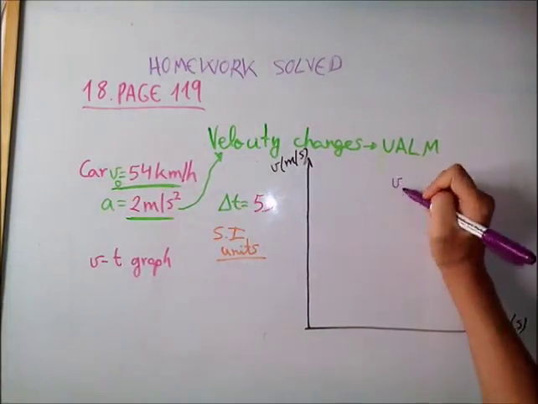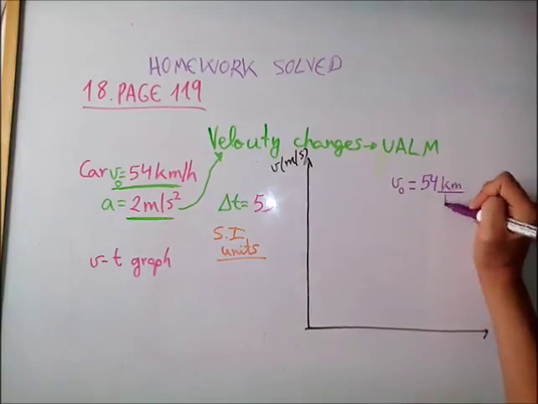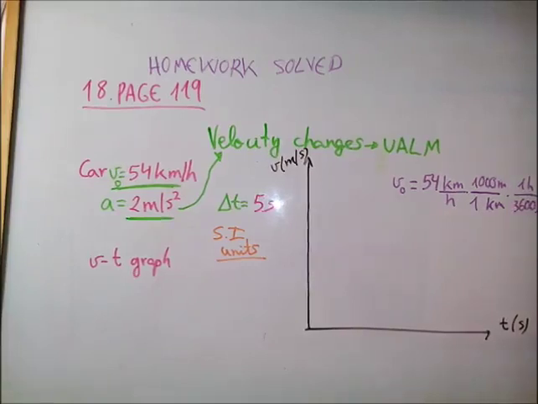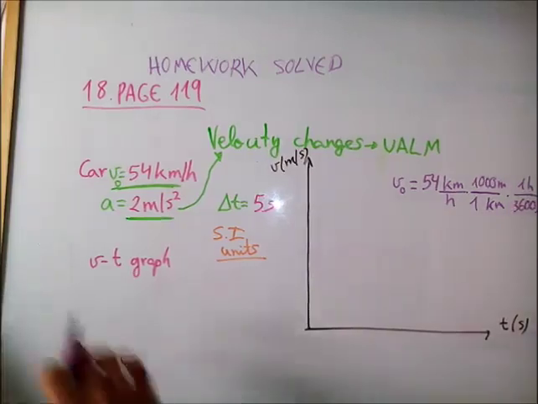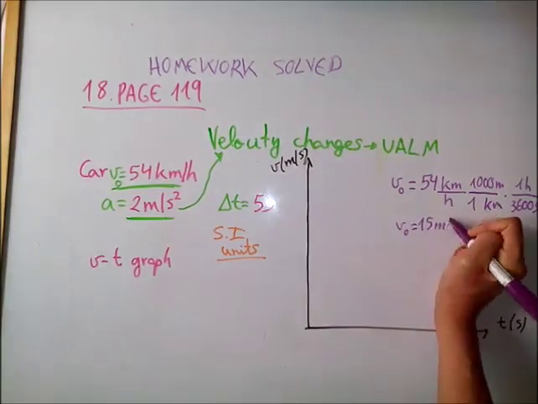So we're gonna go initial velocity 54 kilometers per hour. I'm gonna transform the kilometers into meters. I'm going to transform the hours into seconds. I do the calculations and I obtain that initial velocity is 15 meters per second.